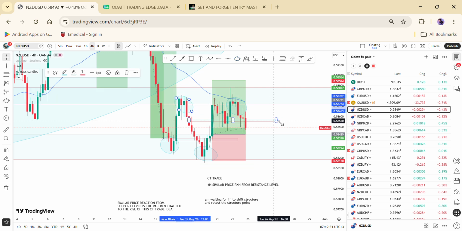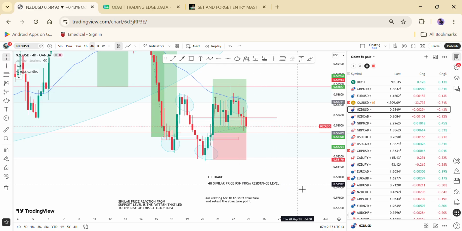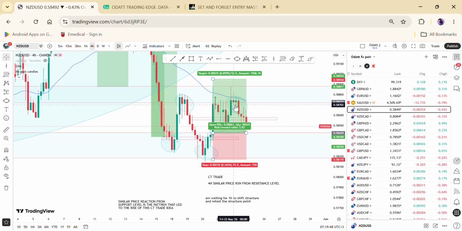So directly what's coming to my mind is that, because we have created similar price reaction over here, after price reached this area, we have bearish doji rejection, bullish candle, then strong engulfing candle. The same thing happened here. Bearish doji rejection, bullish candle, engulfing candlestick.